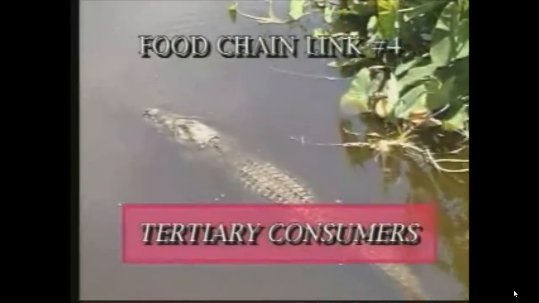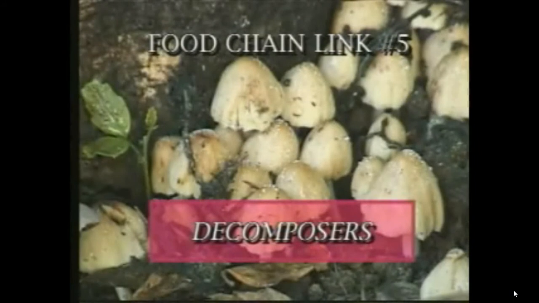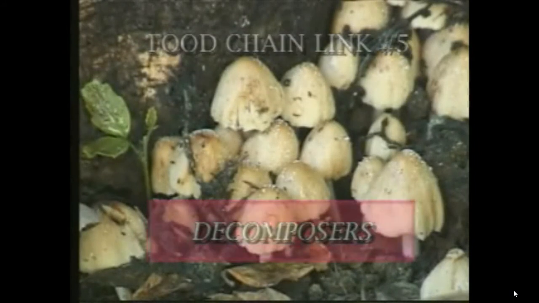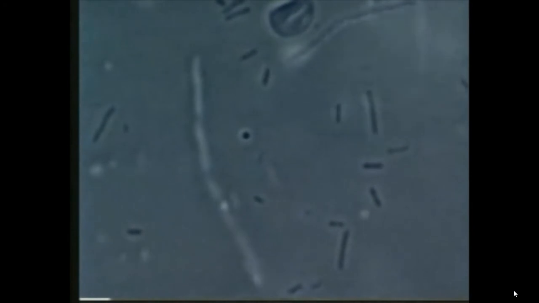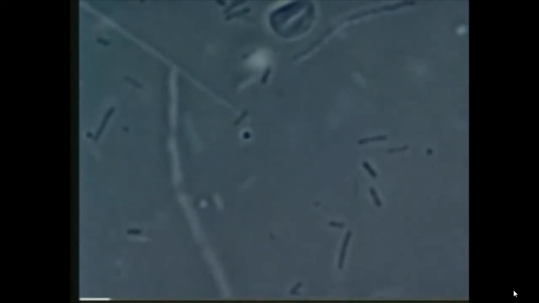Tertiary consumers are often large meat-eating animals like this alligator. The final link in a food chain are the decomposers. They are organisms such as fungi and bacteria like these. Decomposers cause decay. They break down dead materials and turn them into nutrients for the food producers.